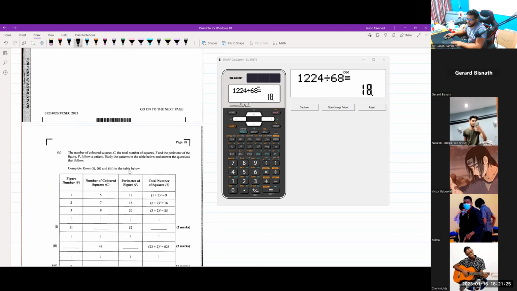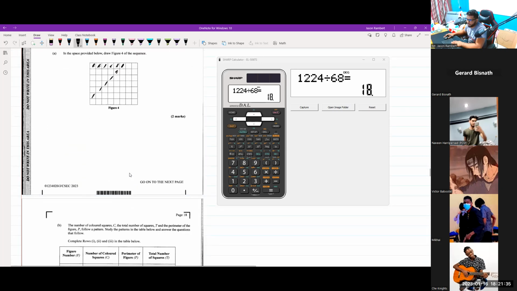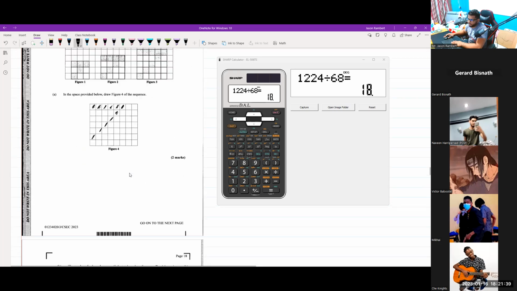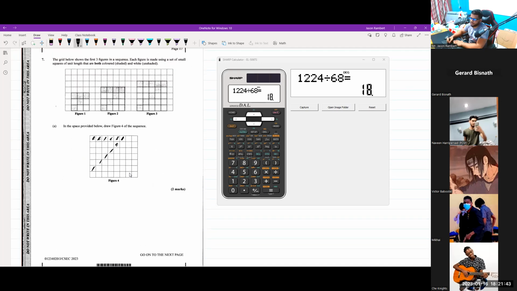All right, the number of colored squares, total number of squares, and the perimeter of the figure follow the patterns below. So we want the number of colored squares, perimeter of figure, and total number of squares, for figures 1, 2, 3, and 4. For figure 1, the number of colored squares is 5.